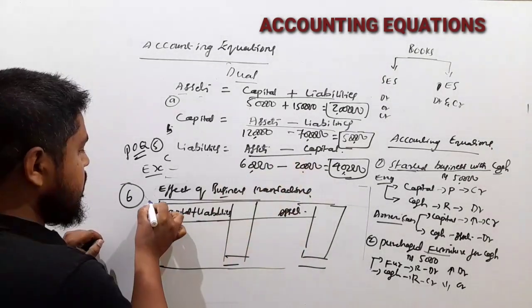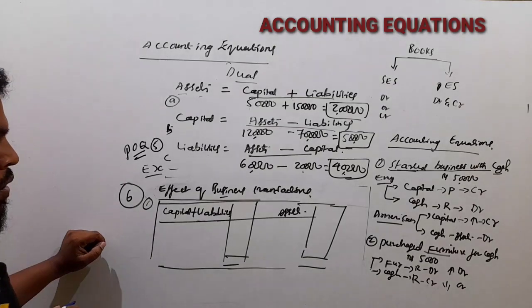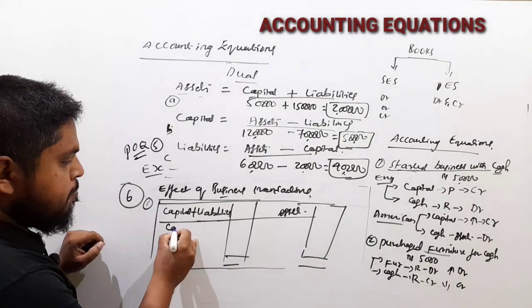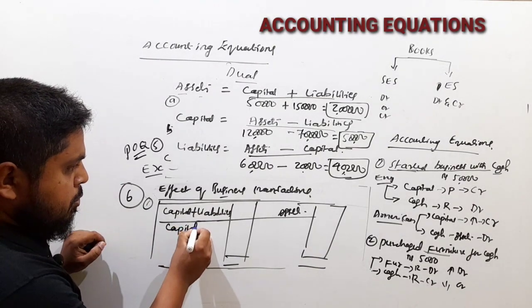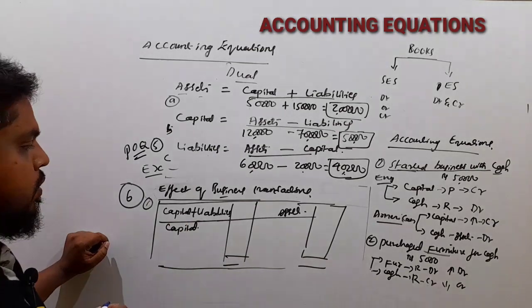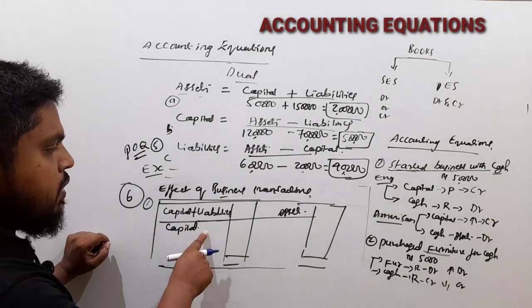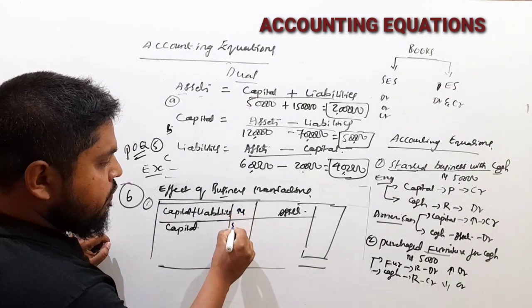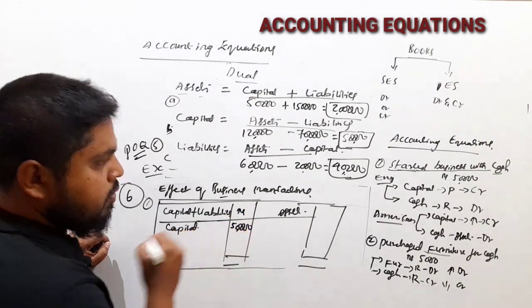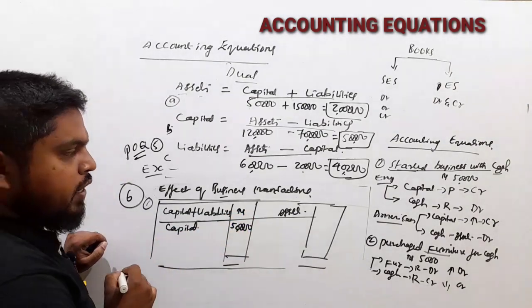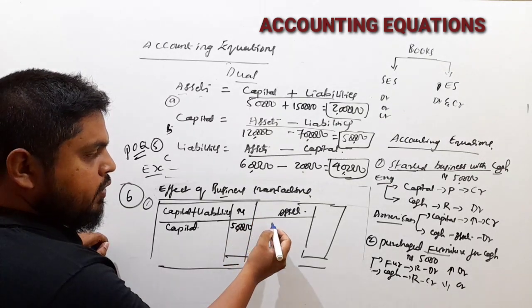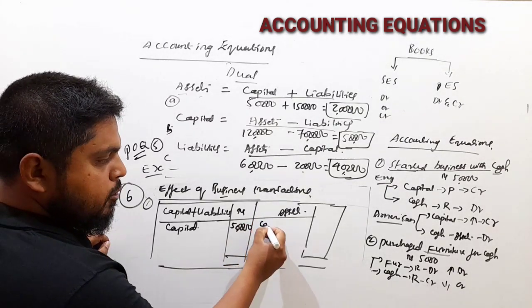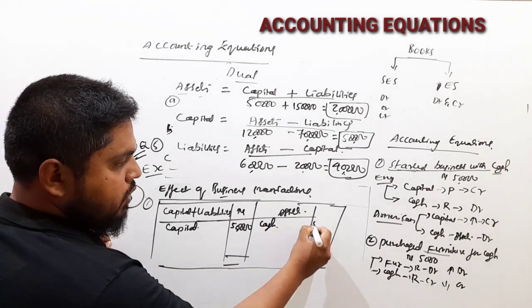So first, capital. So this is capital, 50,000. Next assets, that is cash 50,000.